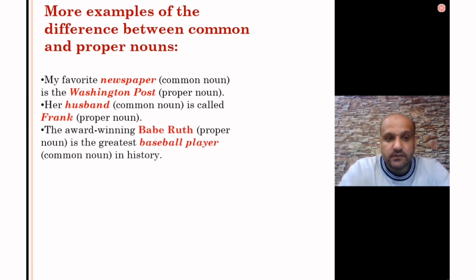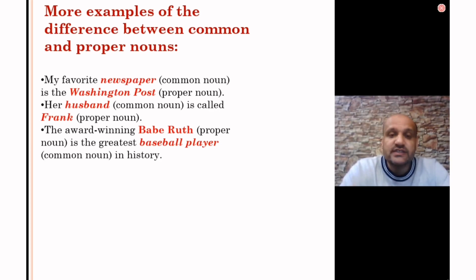Another example: the award-winning Babe Ruth is the greatest baseball player in history. Look at the name Babe Ruth. Babe Ruth is the name of a specific person, which means it's a proper noun. But when I say baseball player, there are a lot of baseball players in the world.